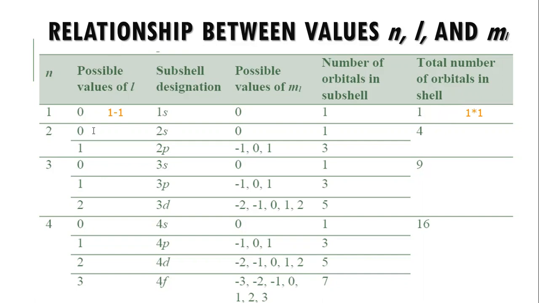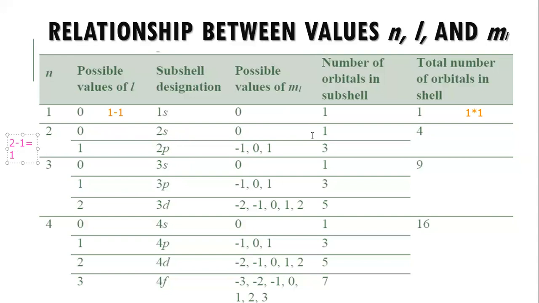And we'll go for 2. How would you find l? It's 0 to n minus 1. When you take n as 2, you have 2 minus 1, which is equal to 1.